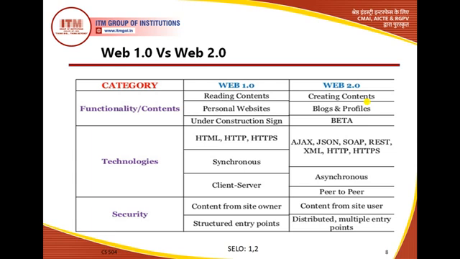Suppose we are searching for an exam result site of a university, and since many users are logging on to that site, the message that was usually flashed on the systems was the under construction sign.